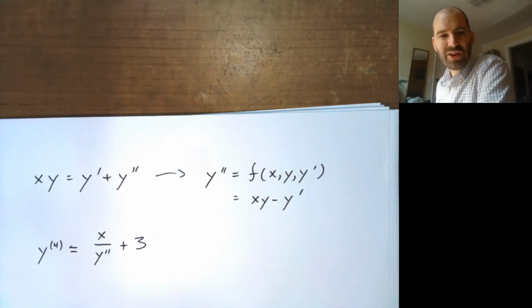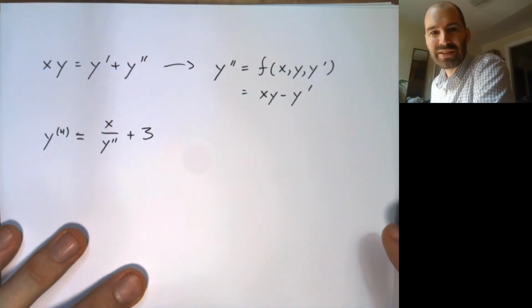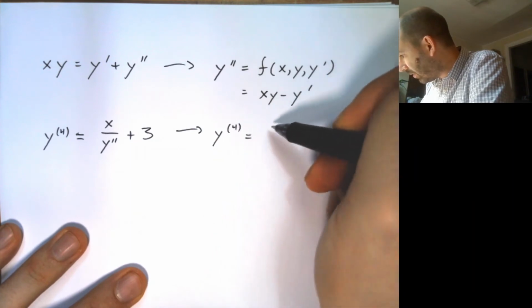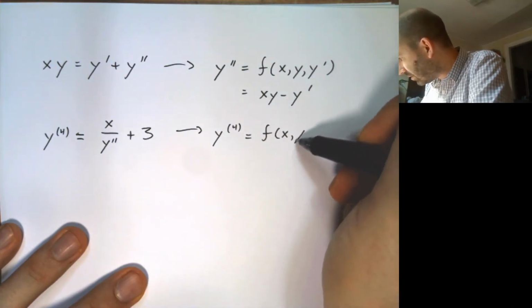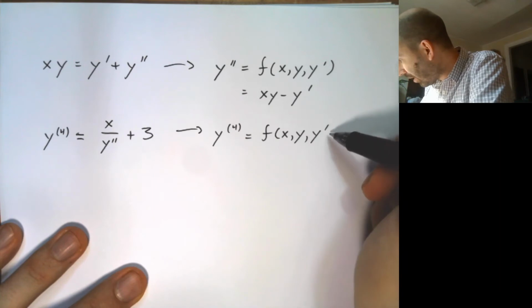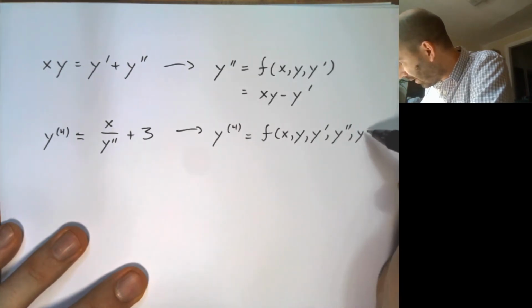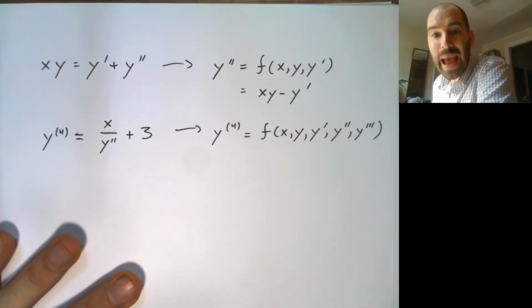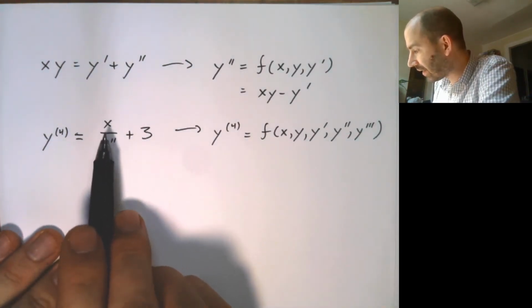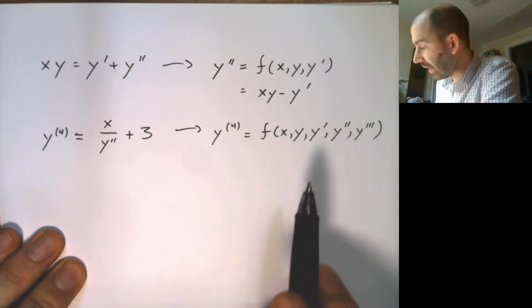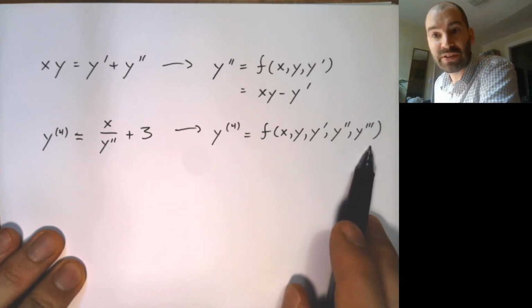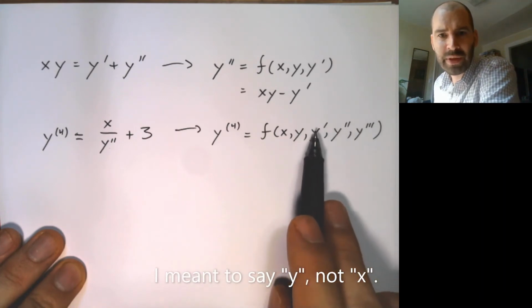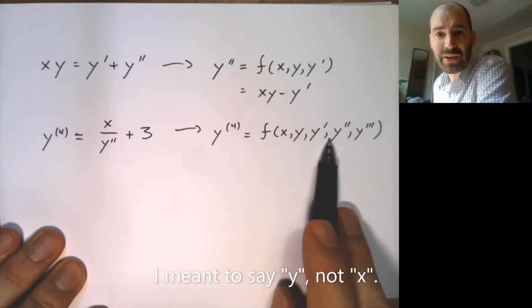Well, it's already solved for the highest derivative, so I've already written it in the form f of x, y, y prime, y double prime, and y triple prime. It's a function of all of these. It happens to only depend on x and y double prime, but I can think of it as a function of all of these. It just happens to not depend on, for example, y triple prime and y prime. But you can think of it as a function of all of them.